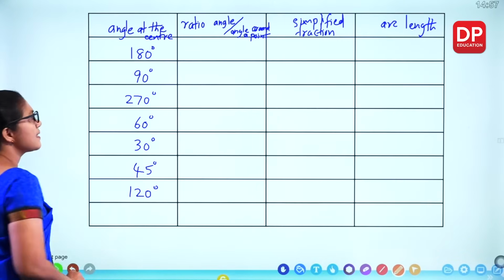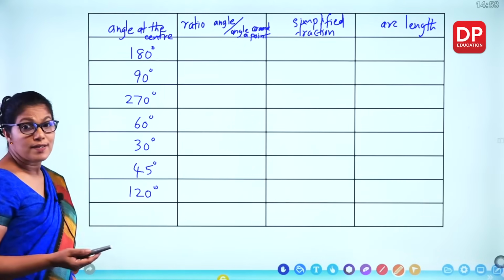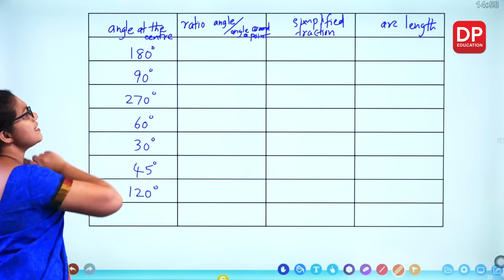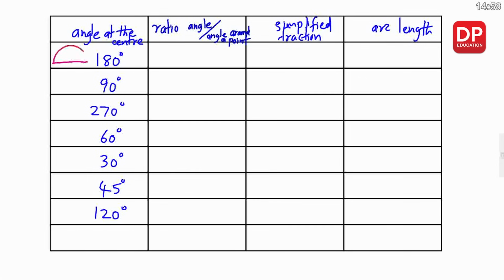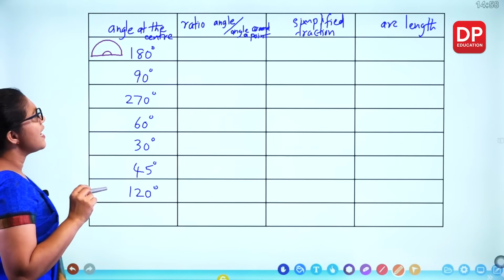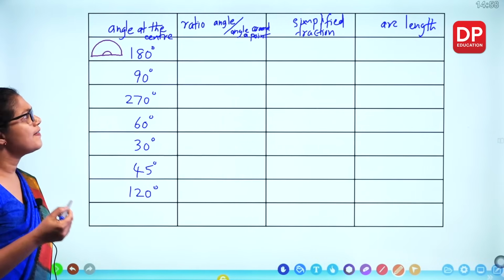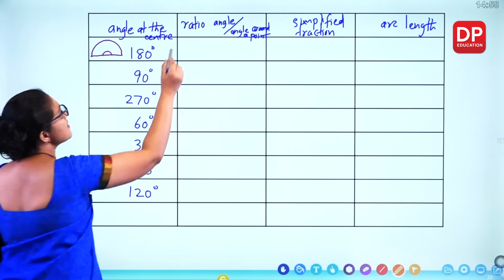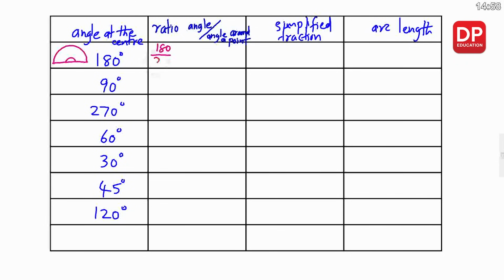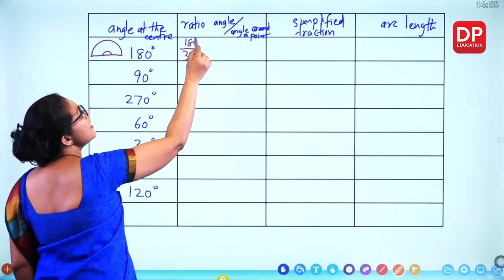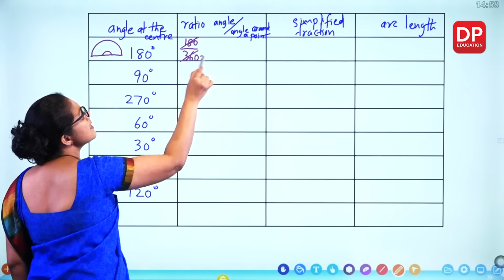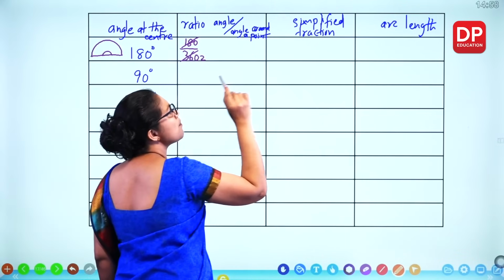Now we'll take some examples to see the pattern. 180 degrees, what is the shape? That's a semicircle. Semicircle, this angle is 180. So what's the ratio of this angle divided by the angle around a point? That's 180 divided by 360. And what's the simplified fraction? When you simplify, you see double of this one is 360. 180 times 2 is 360.